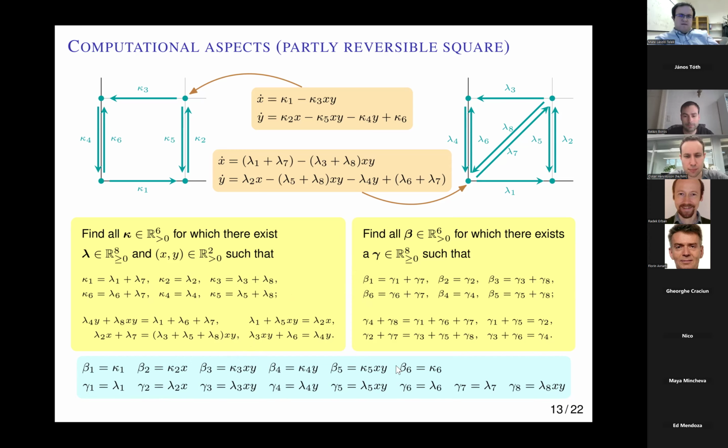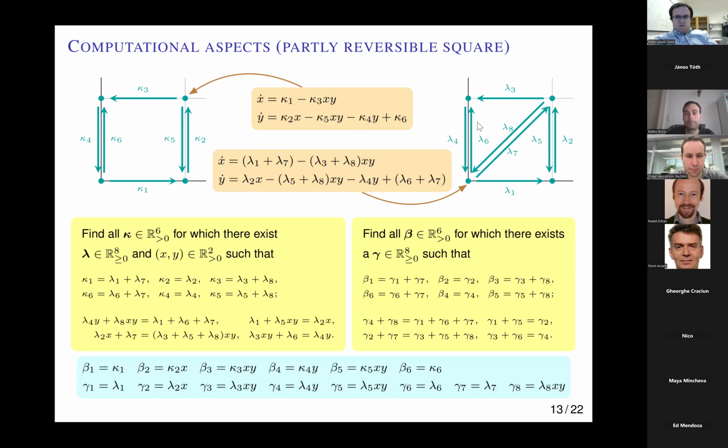Those are the ones that I've written down here in the blue box. So for example, the flux on this edge here I'm going to denote by beta. The fluxes on the first graph are going to be denoted by beta, and it's the rate constant multiplied by the corresponding monomial.